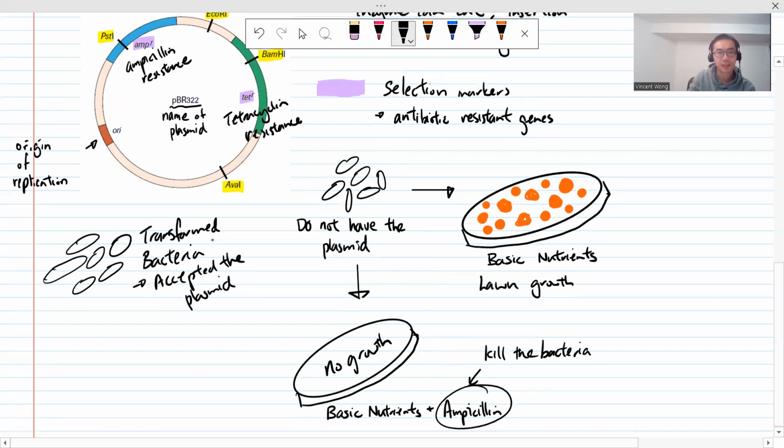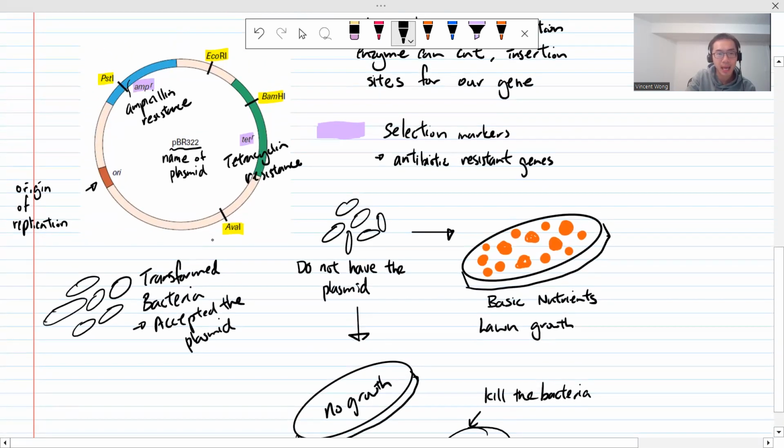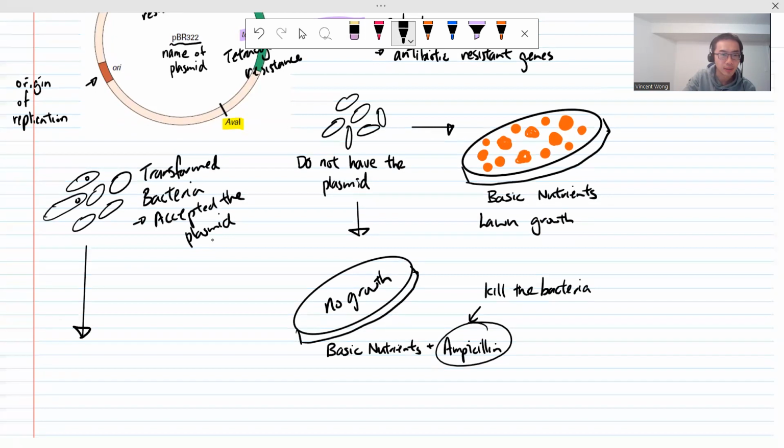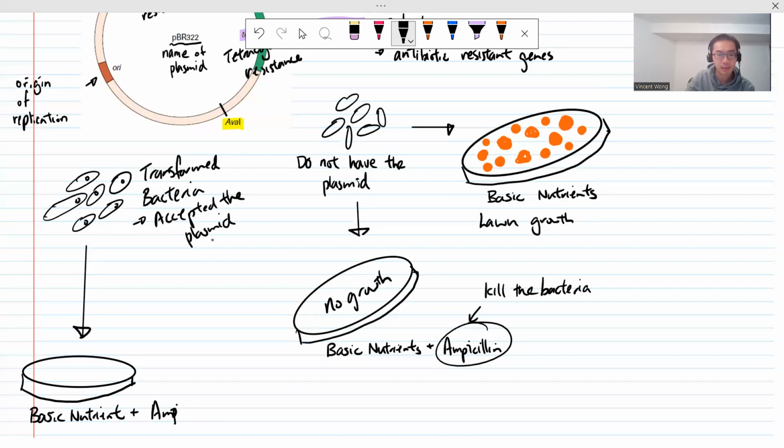Now, in the plasmid, there is the ampicillin-resistant gene. So what happens is, let's put the plasmid in here to show that they have accepted it. Now, if you put them into the plate that has the basic nutrient plus the ampicillin, they will still grow. You will see growth.